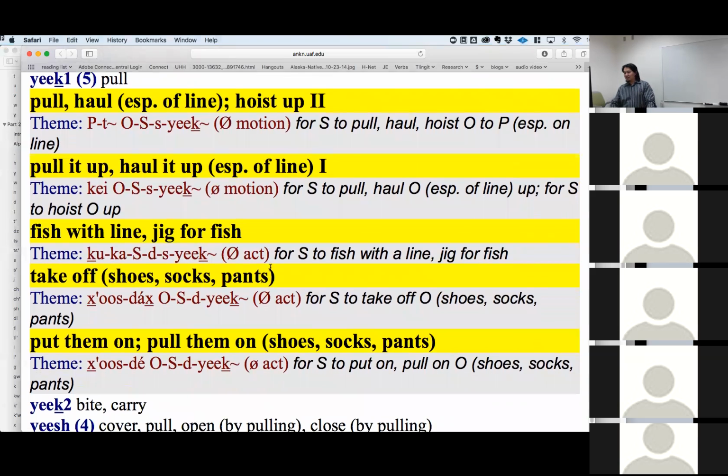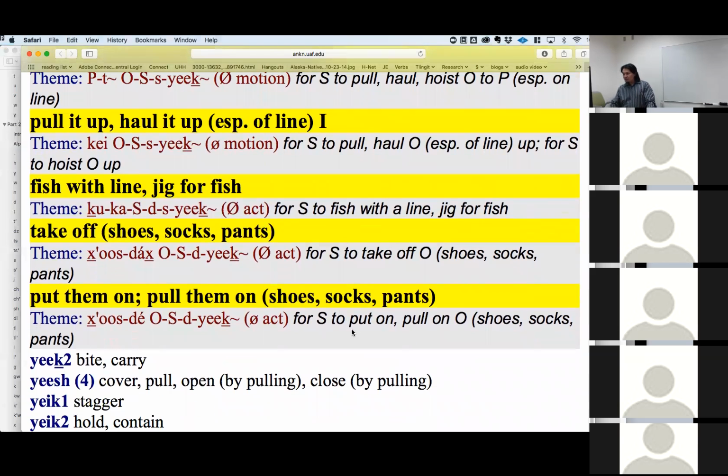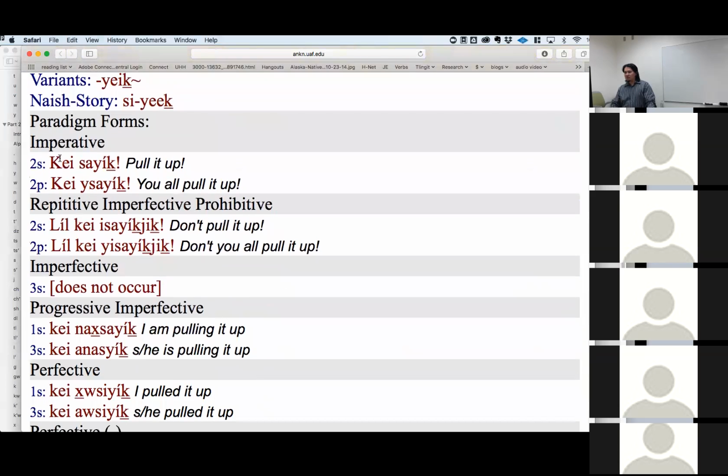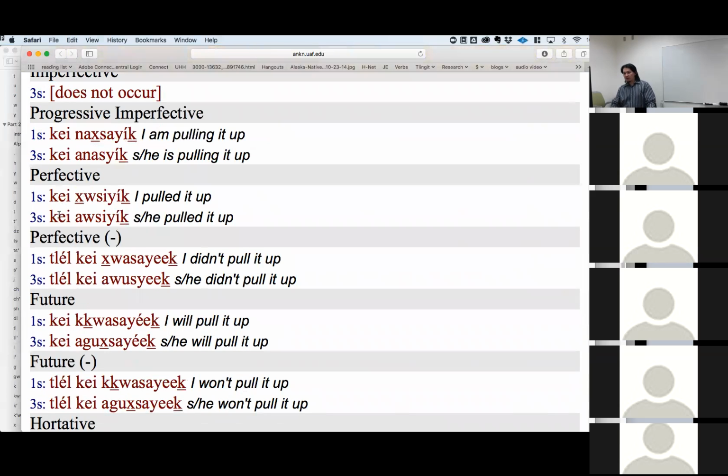So you see jigging, taking off shoes, putting on shoes. So I'd probably go with this one. Like kaysayiq would be the command form, pull it up like those branches or those trees. Kaykhwasayiq, I pulled it up.